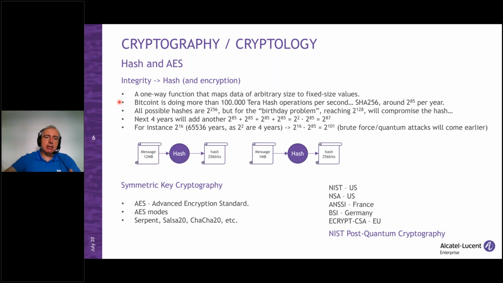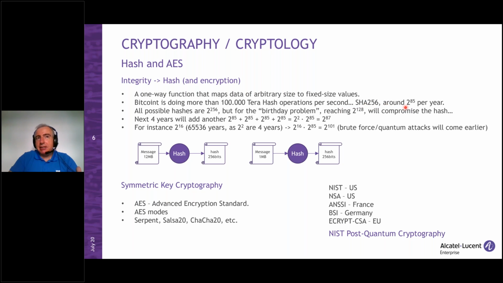They are mining Bitcoins. At the end, mining Bitcoins, all these transactions require doing a hash, an SHA 256 hashing. And today, Bitcoin is doing 100,000 terahashes per second. So just think about it, it's a crazy number.